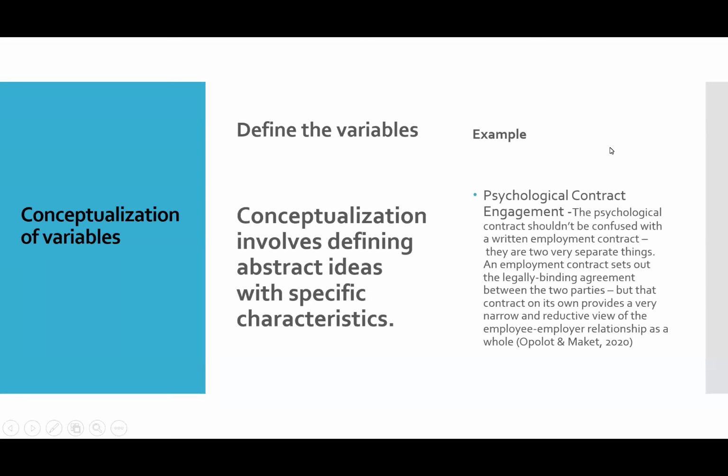So in chapter 2, she has to elaborate what is psychological contract, and that elaboration has to come from her reading of different authors, different scholars. It comes from books, it comes from journal articles, and then she needs to put it together, and that becomes the concept that she'll be using for her thesis.